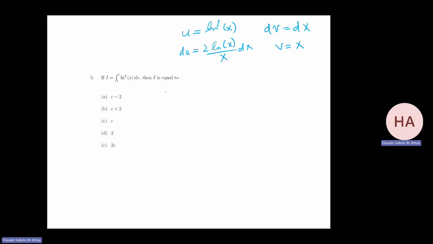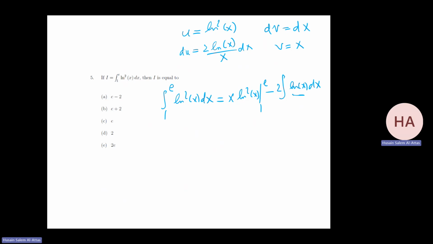So this integral from 1 to e of ln squared of x dx will be x ln squared of x from 1 to e, minus the integral of 2 ln x dx, since x times 1 over x is gone.